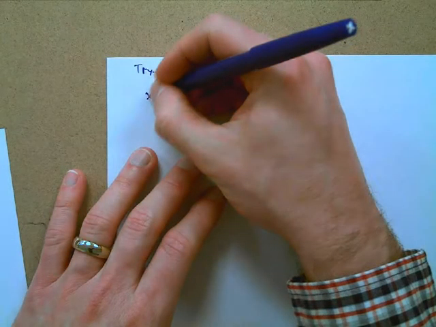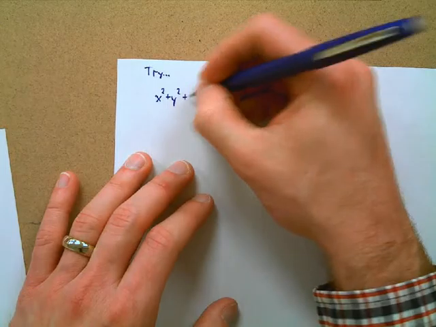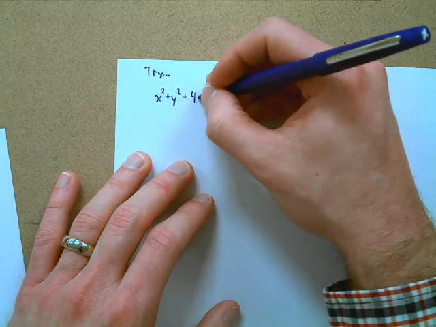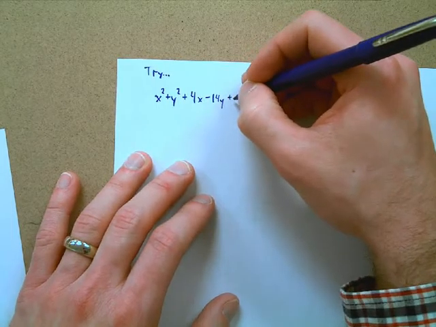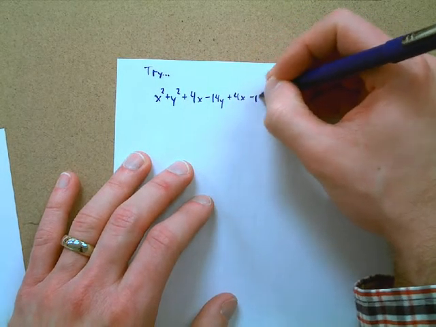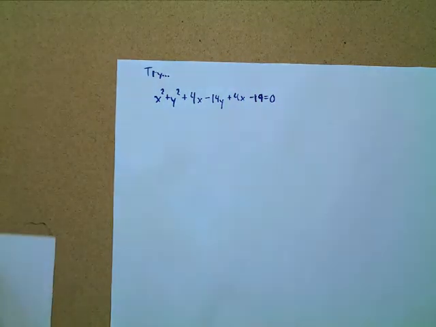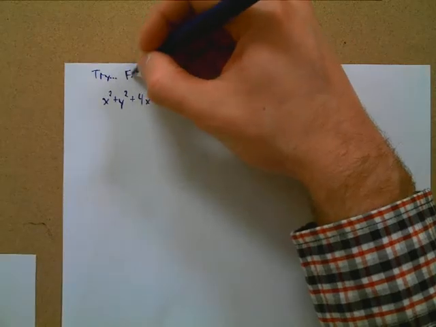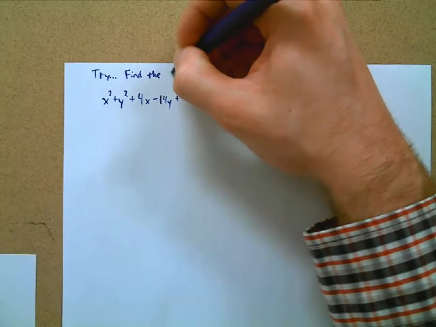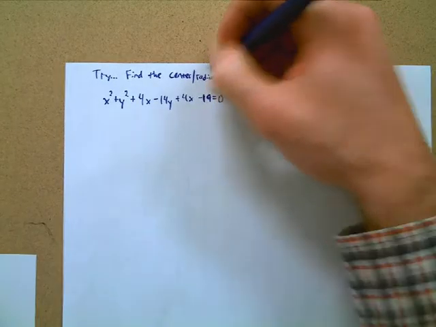So again, find the center and radius of the circle. Double check to make sure I wrote that right. Yes, I did. Okay, so yes, that's exactly what I wanted to write. Alright, so I'll come around and help as necessary.